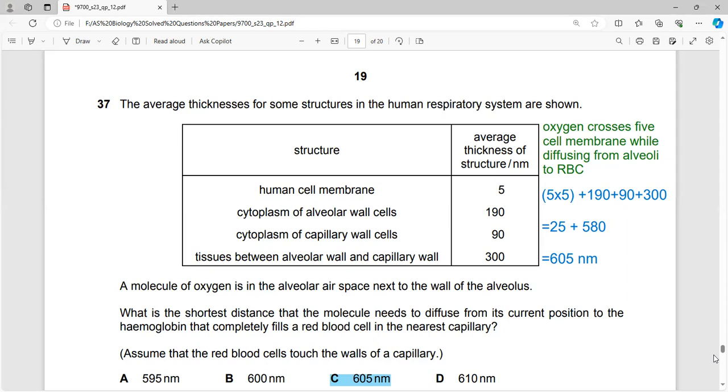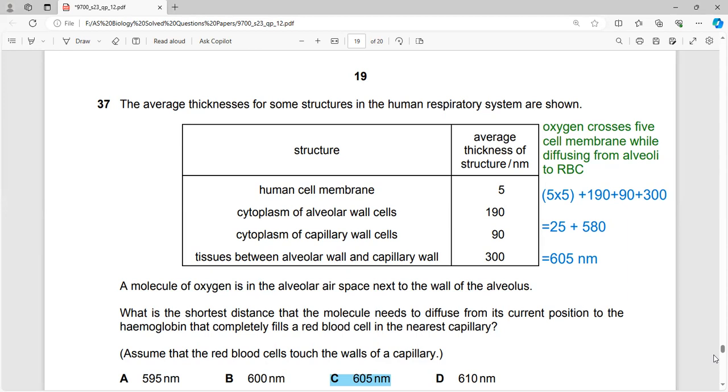And we consider there's no distance between the red blood cell and the capillary wall. So first we need to consider that the oxygen has to pass 5 cell surface membranes if it's moving from the alveolar space to the red blood cell.